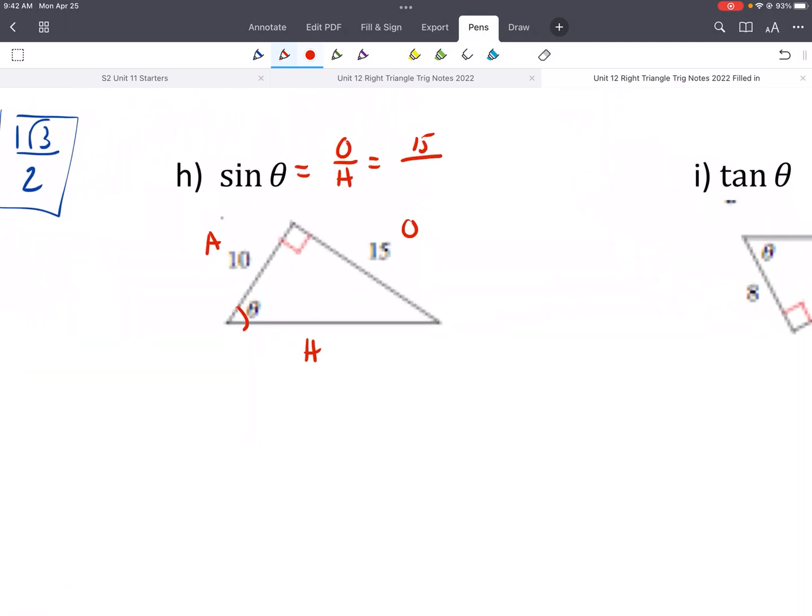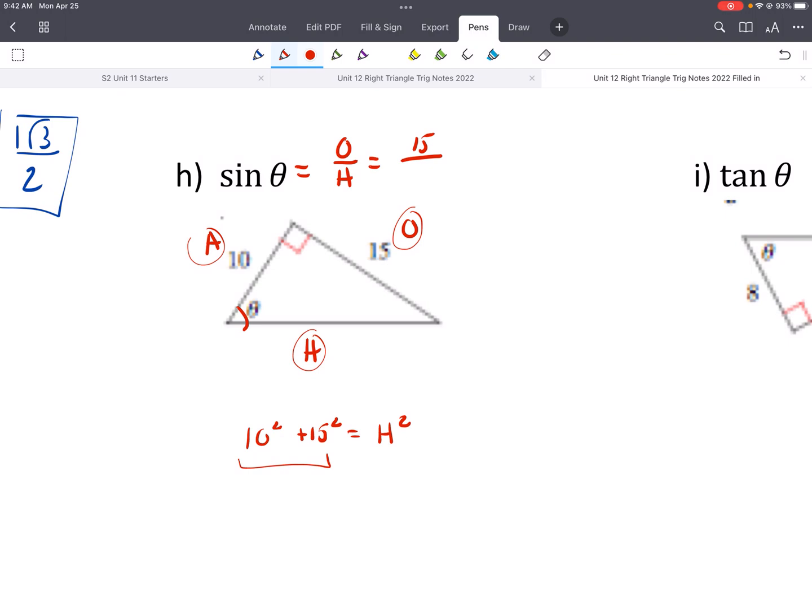Okay, so let's give this a try. We need to figure out what h is, so we will do a squared plus o squared equals h squared. So 10 squared plus 15 squared equals h squared. You can use your calculator to evaluate this. I'm good with 10 squared, but sometimes I forget what 15 squared is.